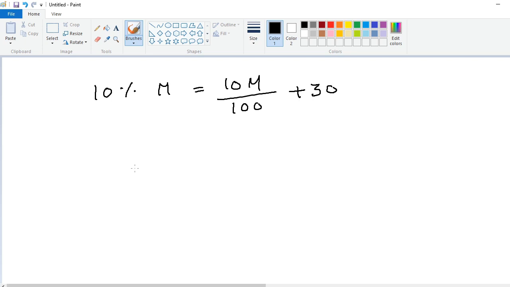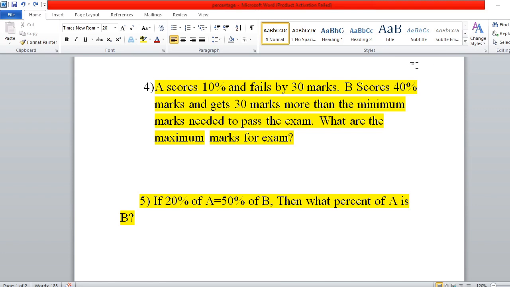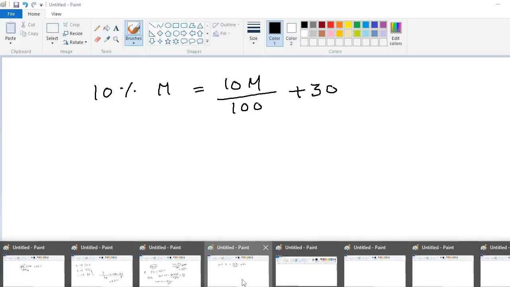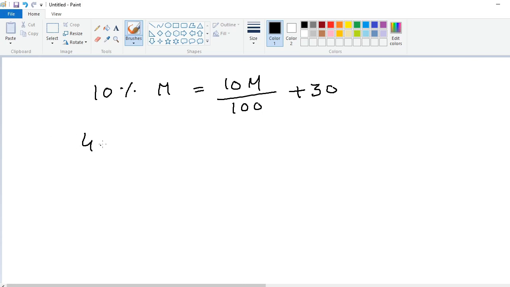Similarly, B scores 40% of maximum marks and gets 30 marks more than the minimum marks needed to pass the exam. So 40% of m is equal to 40m divided by 100, but it is 30 marks more than the pass mark, so minus 30. These two expressions are equated.